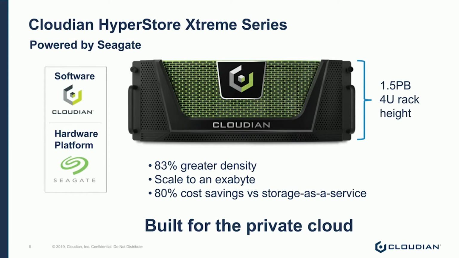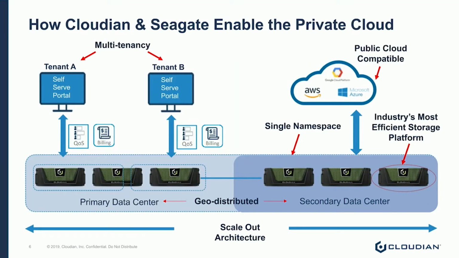So, within the system, Cloudian and Seagate really enable the private cloud environment in 5 key ways. One is multi-tenancy. This is a shared environment, so not only can it be shared in a single namespace across multiple locations, but each of those namespaces can be assigned quality of service controls and a separate billing arrangement, so each of them really operates like a separate domain.